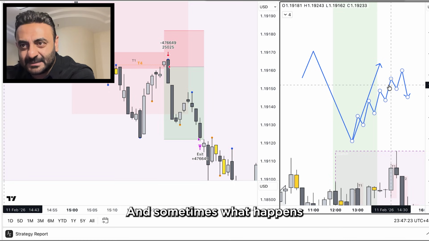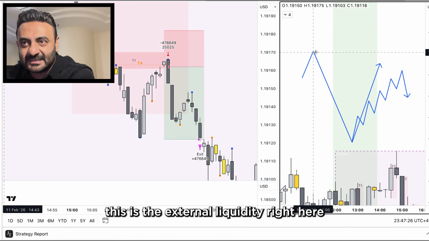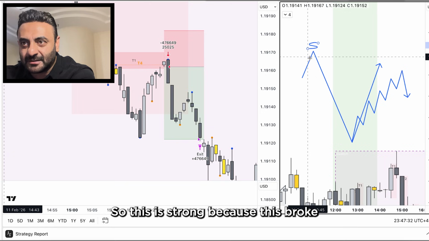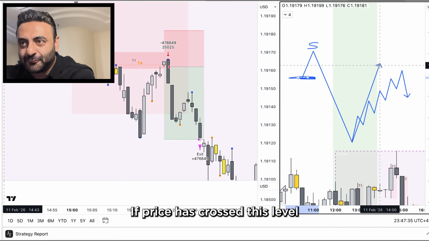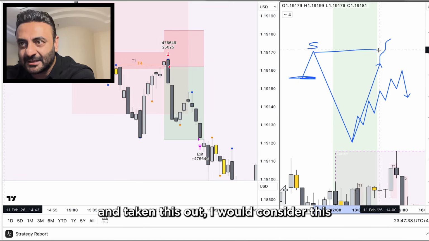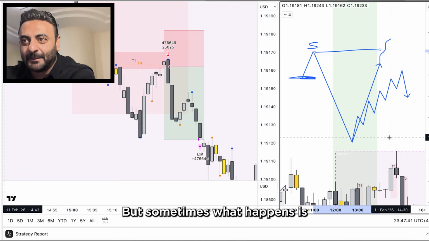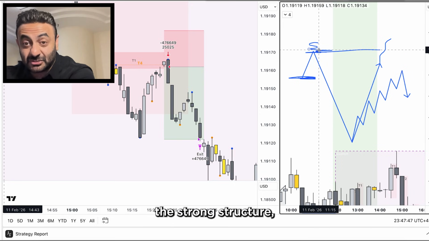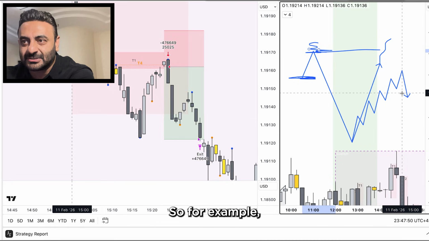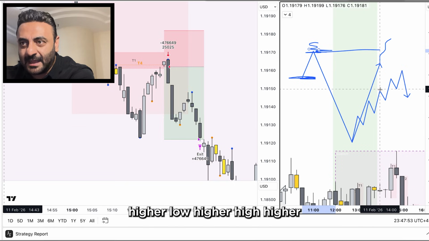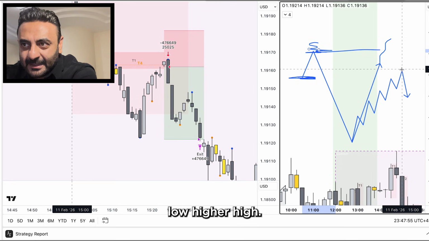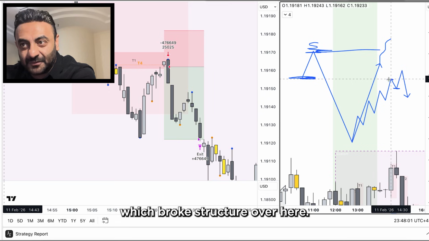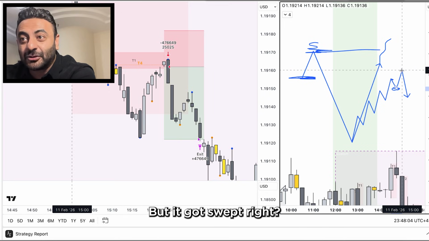Sometimes, let's say this is the external liquidity right here, because this broke this low. So this is strong because this broke this low over here. If price has crossed this level and taken this out, I would consider this a valid sweep for sure. But sometimes price does not capture the external liquidity, the strong structure, but it captures the internal structure. For example, if price makes higher high, higher low, higher high, higher low, higher high, and then it breaks this structure, because this is a strong low which broke structure over here, this should not be taken, but it got swept.